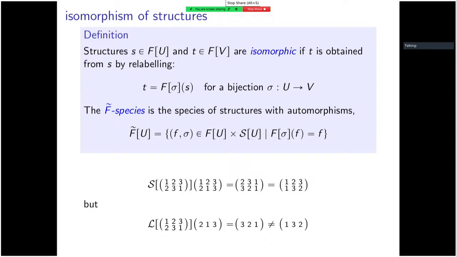And I replace all the 3's by 1's, so these two 3's become 1's. And now I put this in normal form. This becomes the permutation 1, 3, 2. If I do the same on a linear order, so here's my linear order 2, 1, 3, that's the second line here, I replace all the 1's by 2's and so on, I get something different.